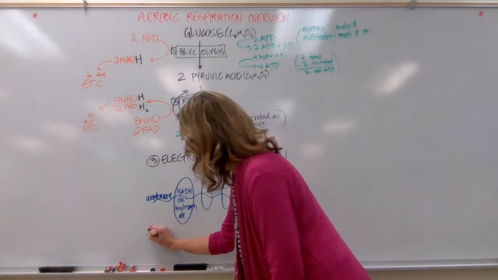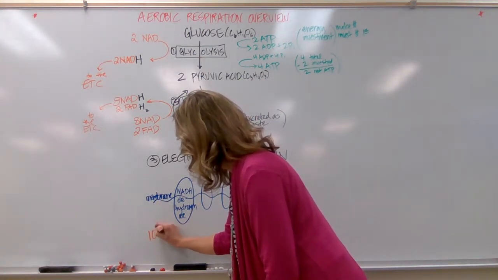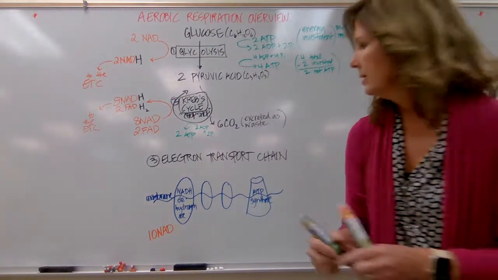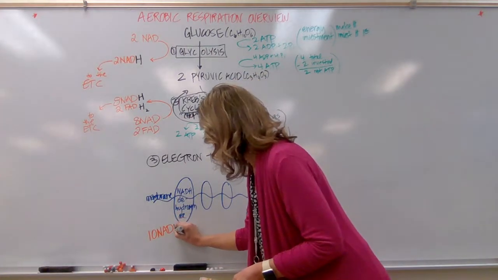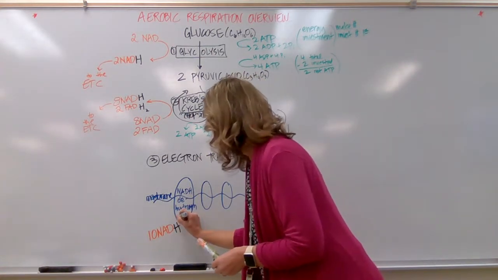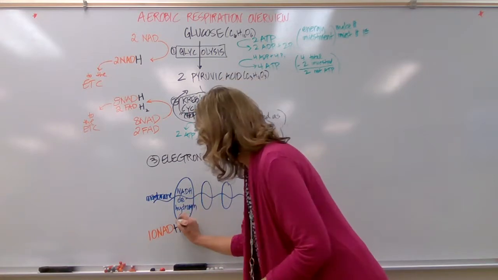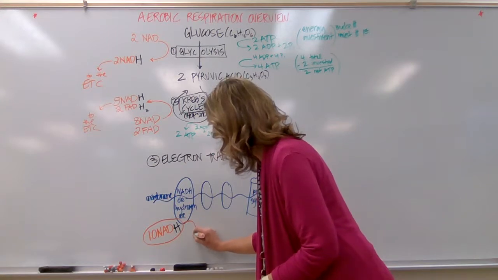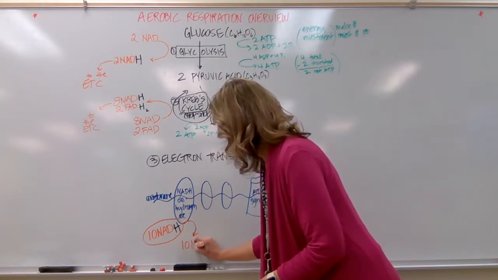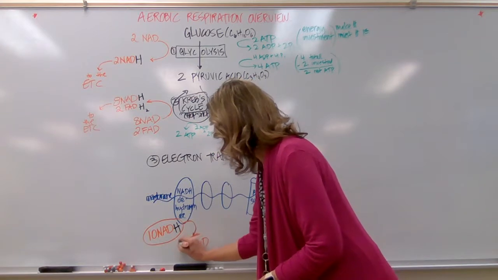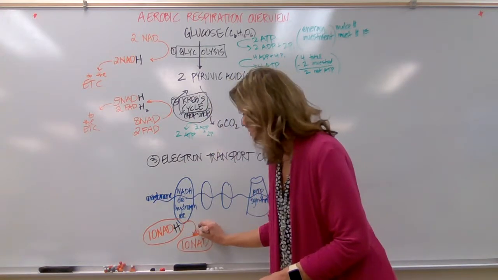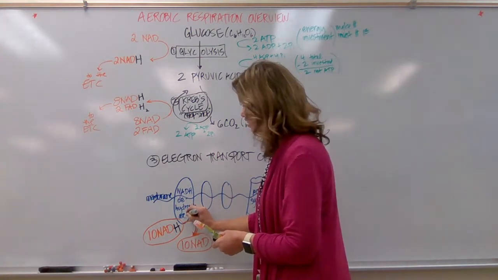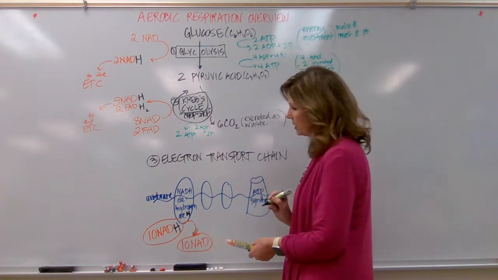So remember, from glycolysis and the Krebs cycle, we will actually have 10 NADH, and that NADH as a substrate is going to bind to that enzyme. What's the function of NADH dehydrogenase? Dehydrogenate means removing the hydrogen. So that hydrogen will be removed.